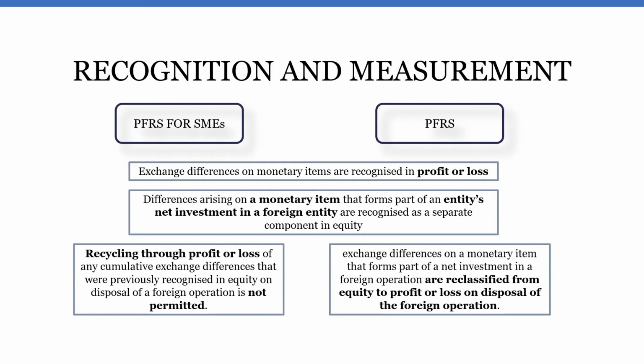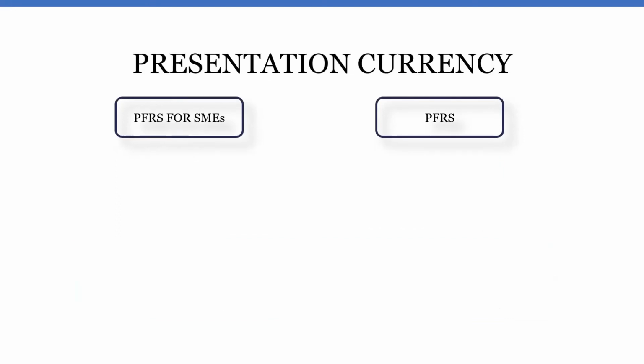So, a change is justified only if there are changes in underlying transactions, events, and conditions that are relevant to the entity. The effect of change in functional currency is accounted for prospectively from the date of the change. So, presentation naman.